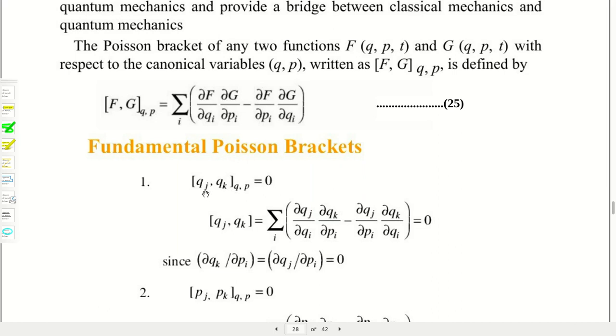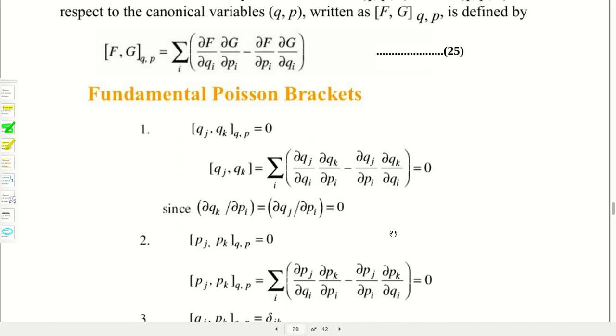If you put qj in place of f and qk in place of g, then this formula will reduce to this. See, del qk del pi will be 0, and del qj del pi will also be 0, because generalized coordinates and momenta are independent of each other in the Hamiltonian formulation. So those two terms are 0, and the whole Poisson bracket will be 0.